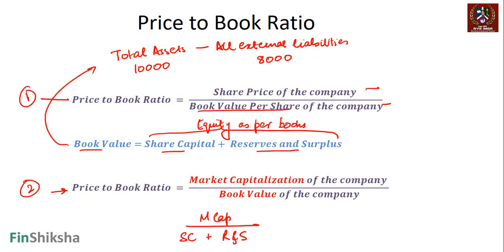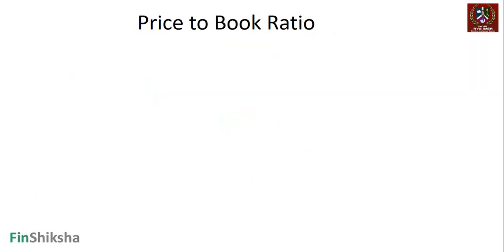Recall, reserves and surplus are all the undistributed profits of the company from its beginning till today. Share capital is the initial amount of money that the company had generated. So that is what we mean by the price to book ratio for the company.